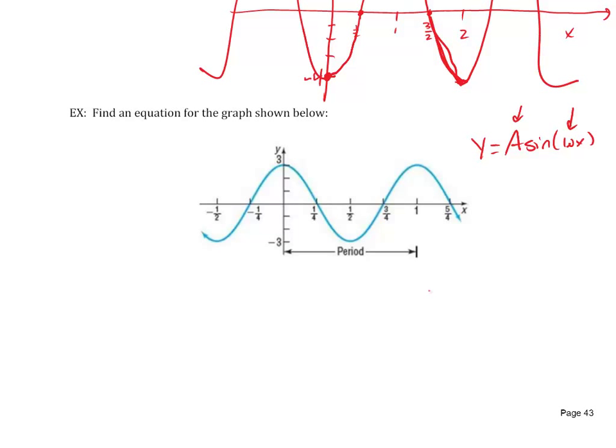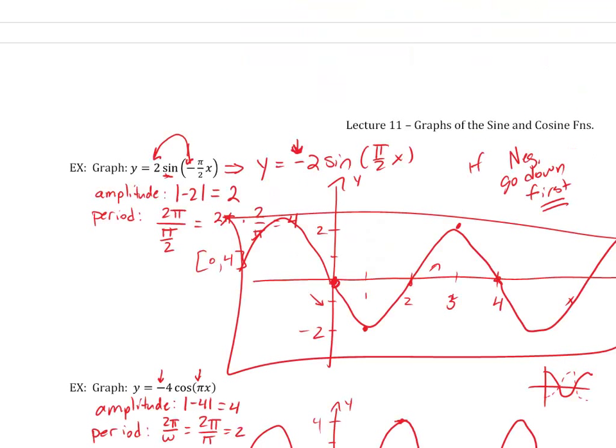The answer is yes, because this thing goes from negative 3 to positive 3. That means the amplitude is 3, so we know the absolute value of a is equal to 3. Now, a could be positive, a could be negative.